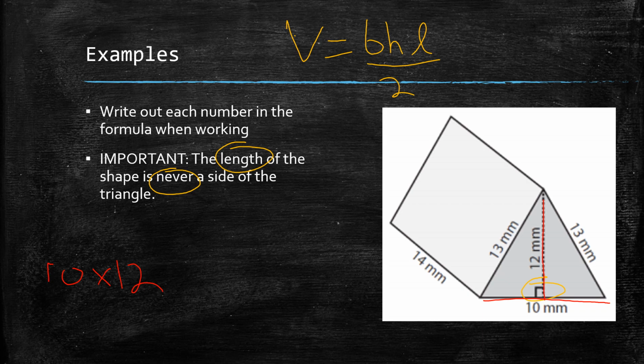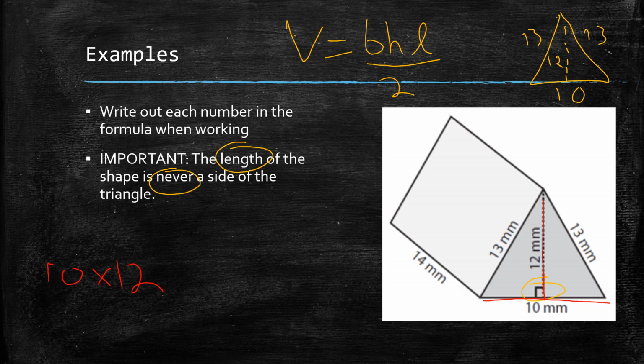So if I look at my triangle, if I was to cut it out and put it right here, you should see that there's a 13 coming down the middle, you had 12, and then here on the bottom you had 10. None of these numbers can be the length of the triangular prism.